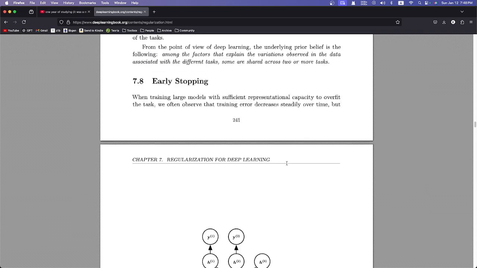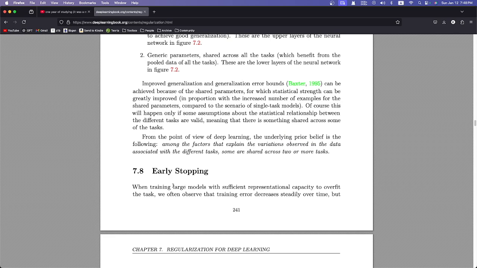The first part is, even though the book is talking about training large models, it wasn't talking about training models as large as what we have today. The book wasn't expecting you to be training models of tens of billions of parameters.